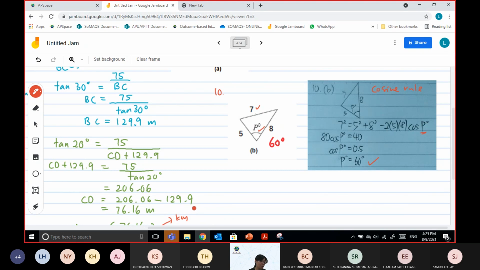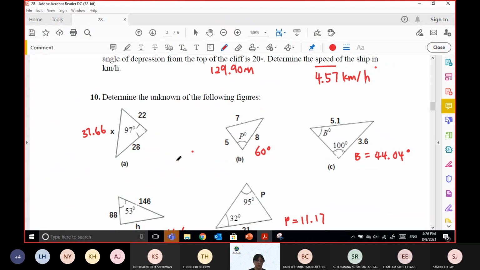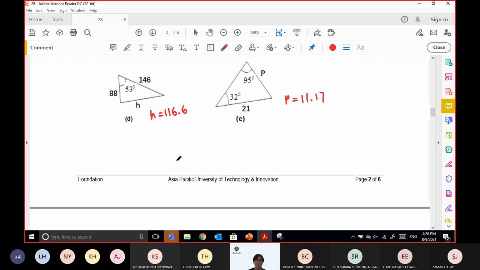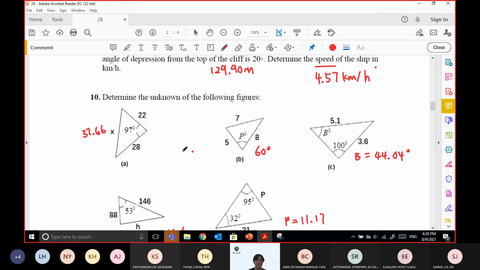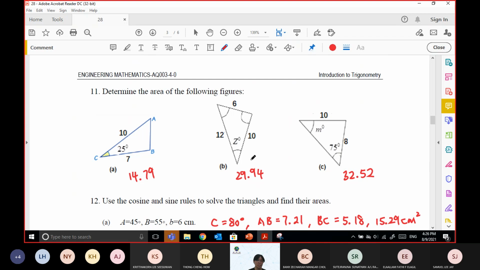Oh, Manheng has problems with question B, is it? For question 10, I would like to see your workings. This one I don't discuss, but you need to upload your solution.